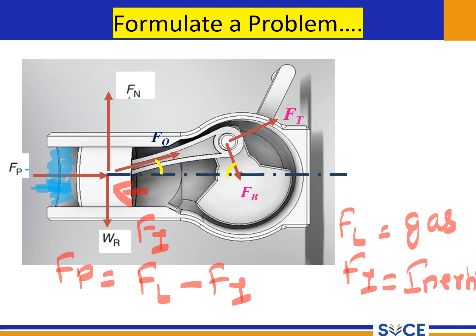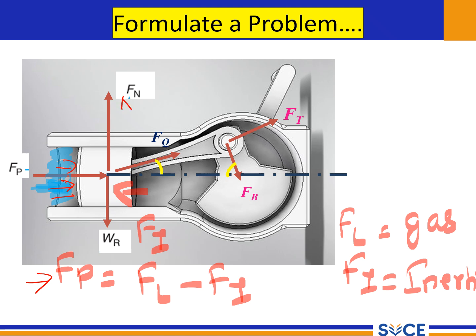So there is a gas force which is acting, but that is going to be opposed by the inertia force. So the net force which is acting on the piston is Fp equal to FL minus Fi. At the same time there will be a frictional resistance acting opposite to that.